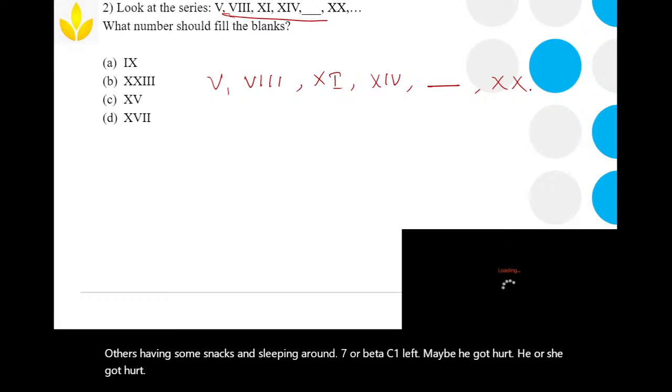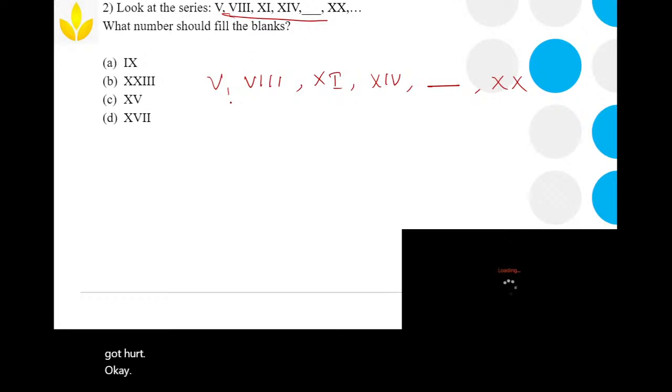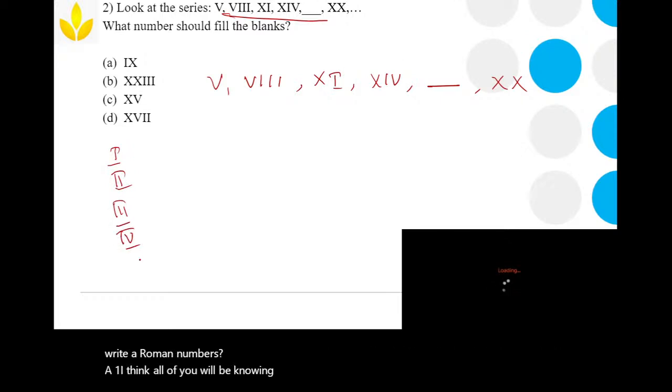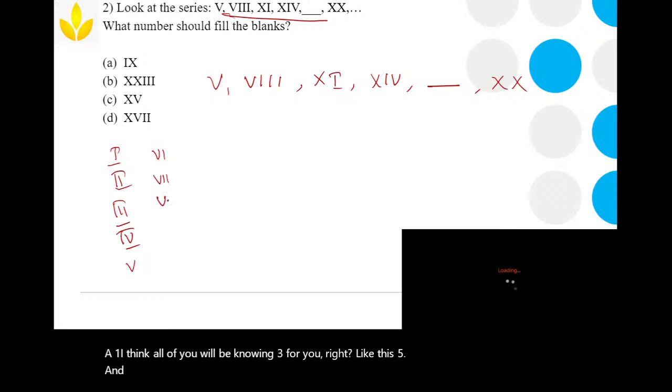Okay. So, how are you going to solve this question? Easy. These are the Roman numbers, right? How will you write the Roman numbers? 1, 3, 4, you'll write like this. 5, 6, 7, 8, 9, 10.